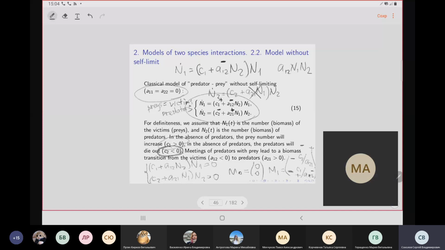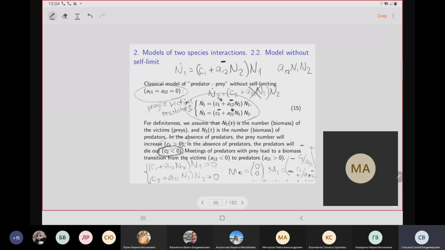It means that at least at some quantity, they can coexist. If only the trivial solution were valid, it would mean that there is a big probability that all the population will die.